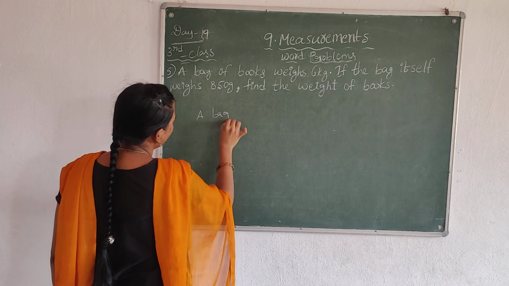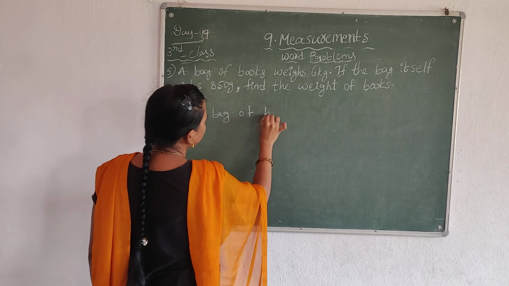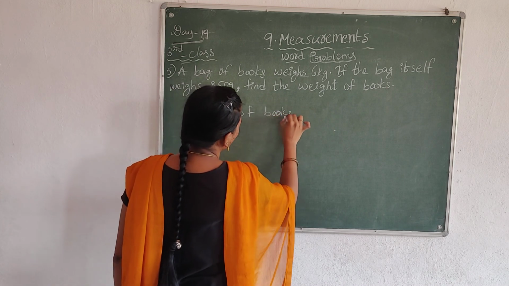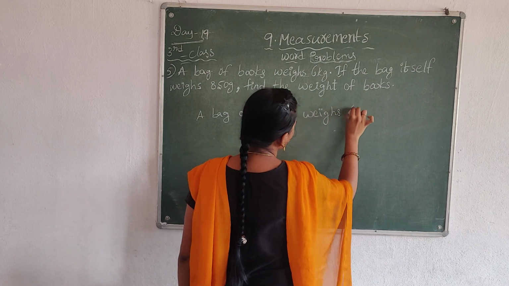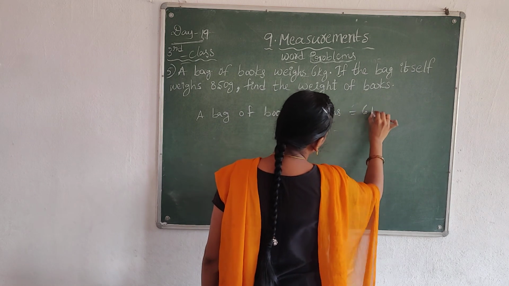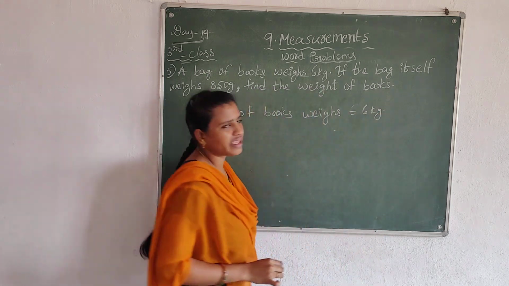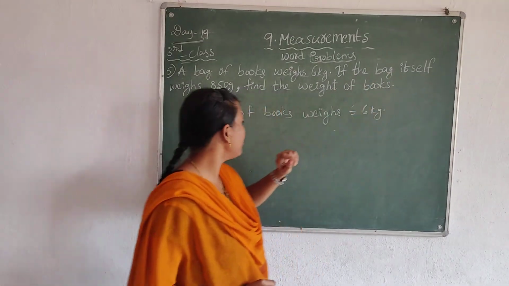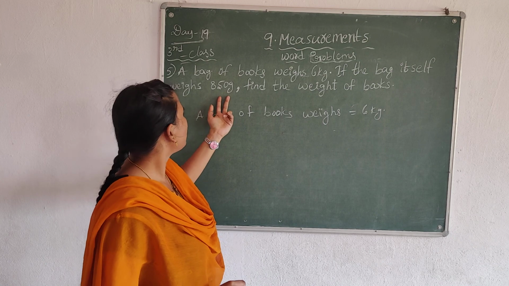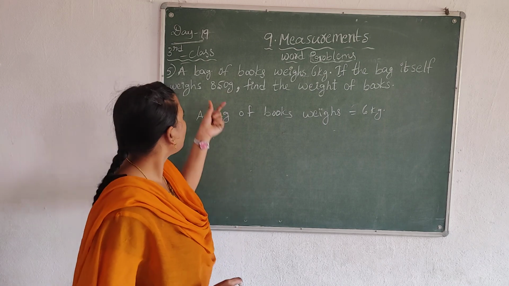A bag of books weighs equal to 6 kgs. How many kgs? 6 kgs. If the bag itself weighs 850 grams.